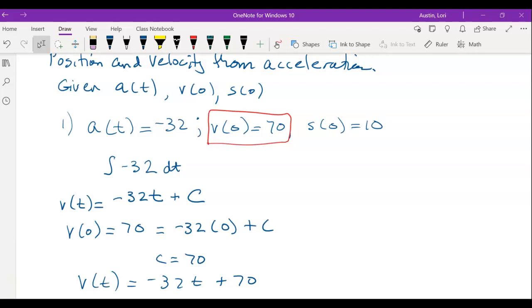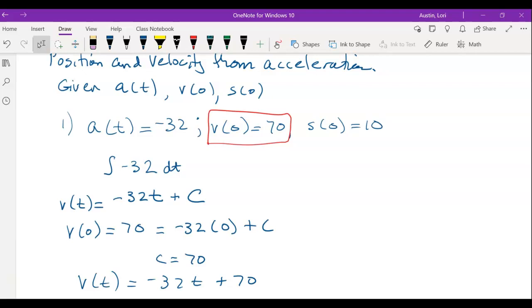That is where we get negative 32T from. If it were a dx, you'd have negative 32x. If it were dy, you'd have negative 32y. That is just letting you know what variable you're integrating with respect to, which is really helpful when you're integrating a constant, because without that piece, you have no idea what variable to put there. Okay. So now we have our velocity function.